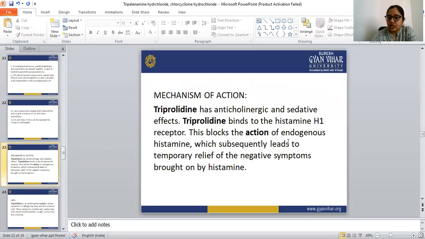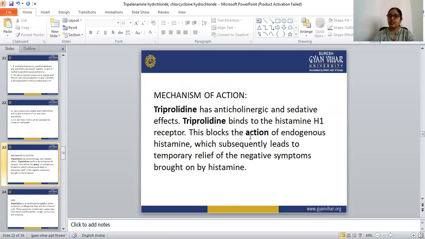This blocks the action of the endogenous histamine, which subsequently leads to temporary relief of the negative symptoms brought on by histamine. Histamine causes the symptoms of allergy, and that is blocked by triprolidine by binding with the H1 receptor.